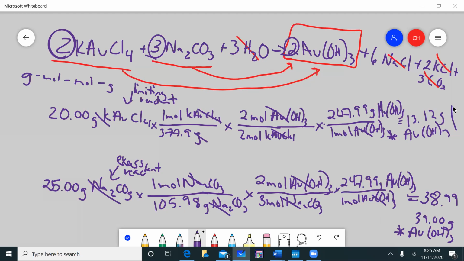And then this number over here is known as our theoretical yield. So in theory, if we run this equation through, and we do it very, very efficiently to 100%, we could produce 13.12 grams of the AuOH3.